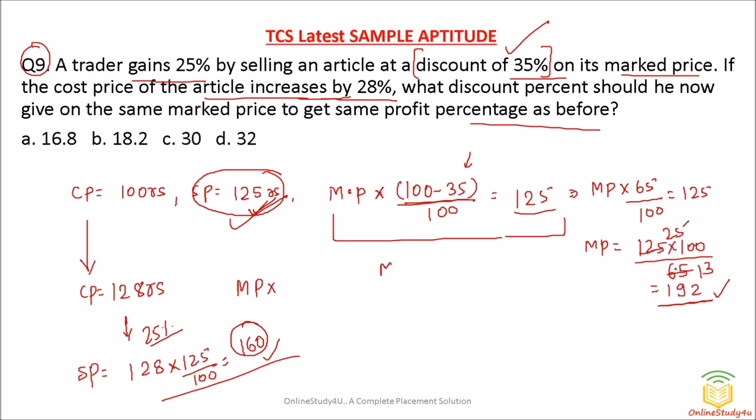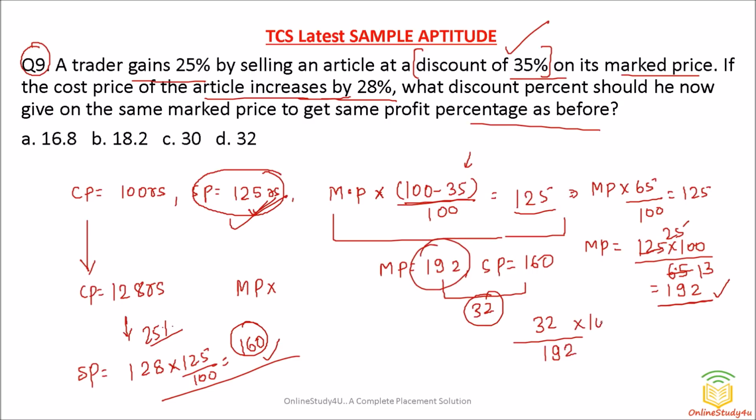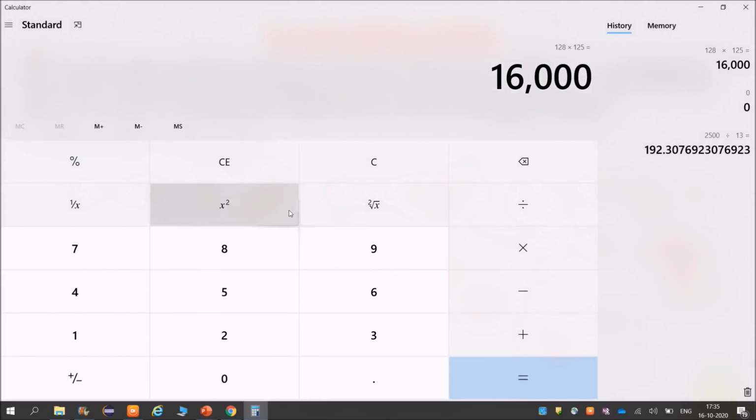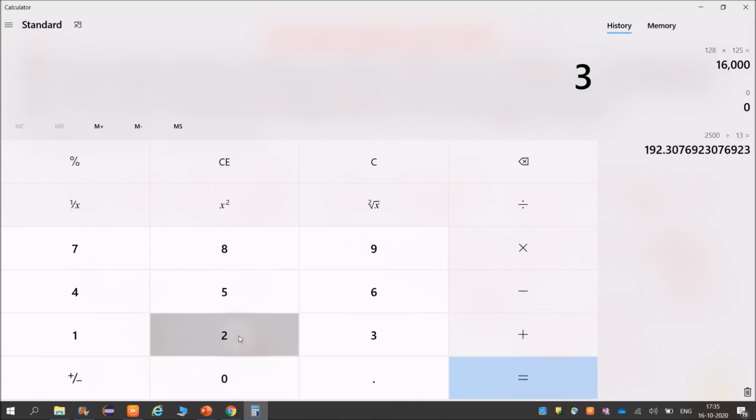Our marked price is 192 and our selling price now is 160. So how much discount has been given? Basically 32 rupees discount has been given. On the marked price of 192 rupees, multiply by 100. So 3200 divided by 192, whatever we get, multiplied by 100.